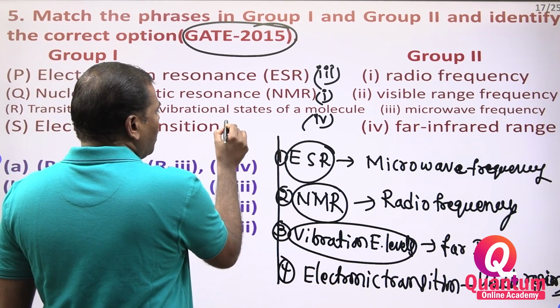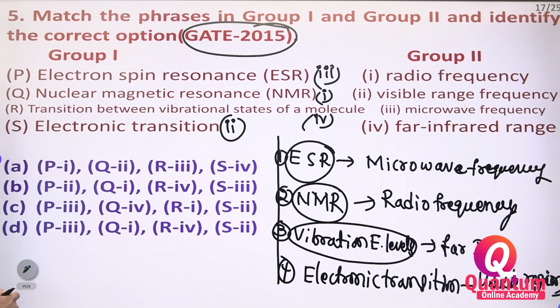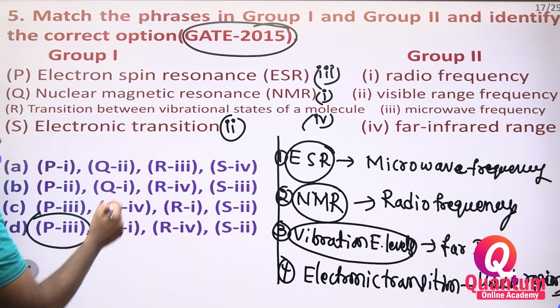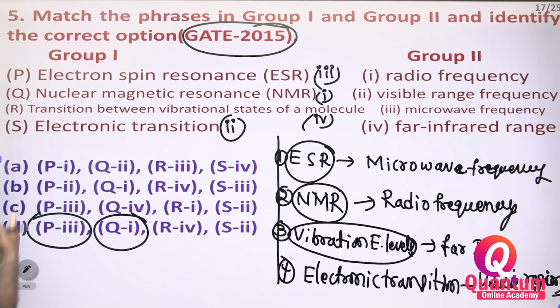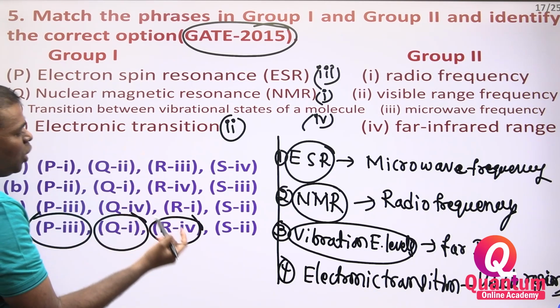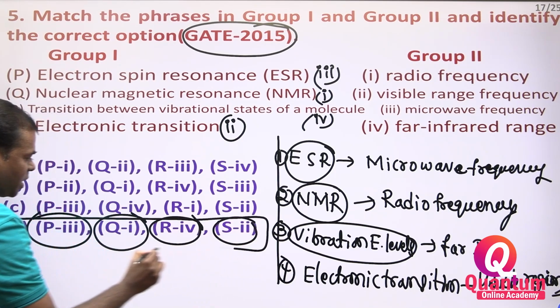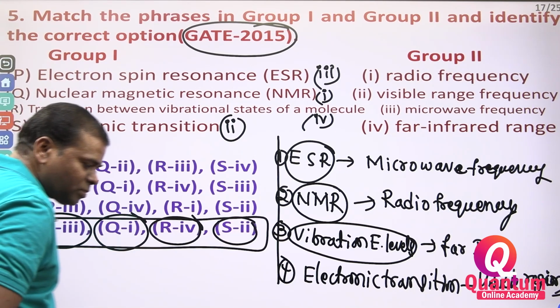That is number 2. Now you have to see. For the first one, P, the third option is correct. The second one is correct with 1. The third one, fourth is correct. The fourth one, the second is correct. The fourth option is correct according to this.